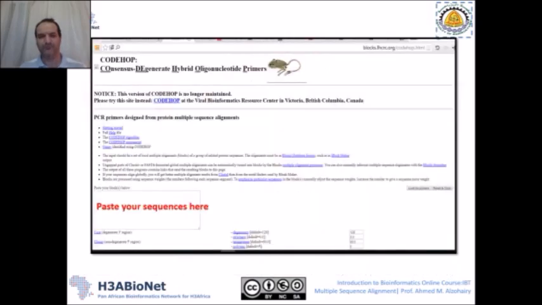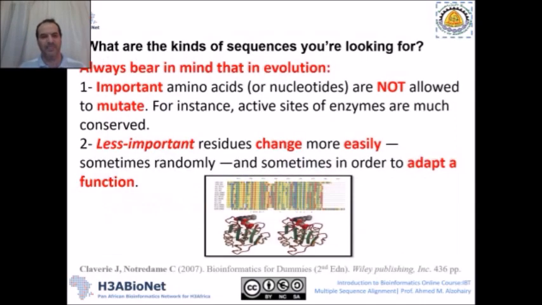And as we said before, you can just gather your sequences and paste them in the box shown here, and then you can design your degenerate primer with this program, and many people use it in this application, of course.